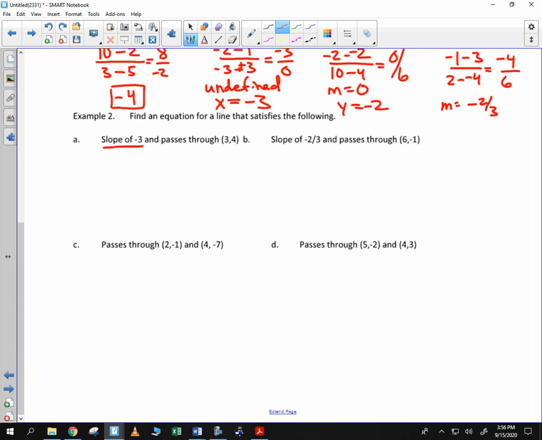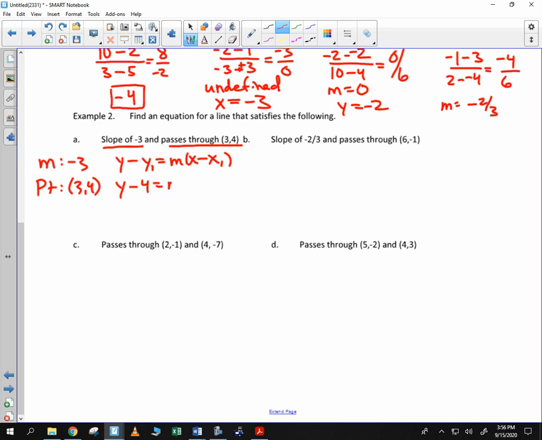Slope of negative 3 and passes through a point of 3, 4. In order to write an equation for a line, you always need slope, and you always need a point that is on the line. Once we have those, you can use y minus y sub 1 is equal to m times x minus x sub 1. In this case, my y value is 4.